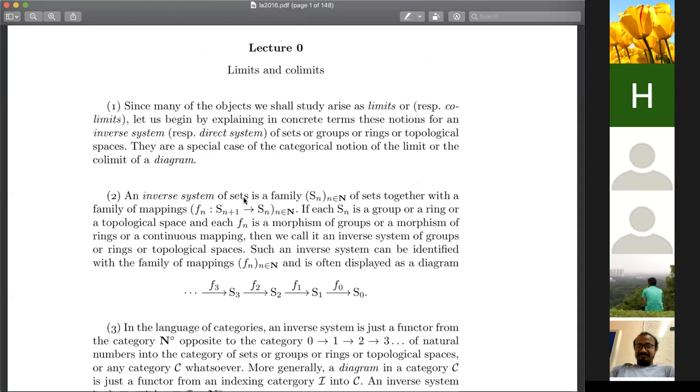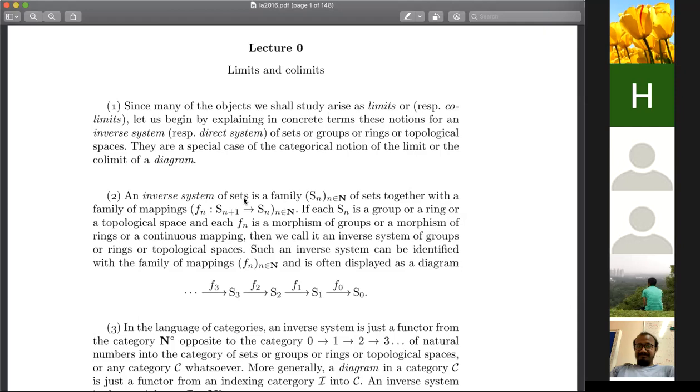So people who said, let's start with the basics should not be complaining, because I'm really starting at the very beginning. So I more or less said what a category is, but it doesn't matter. What is important for us are the categories of groups, or the categories of rings, or the categories of topological spaces, all of which you are familiar with.